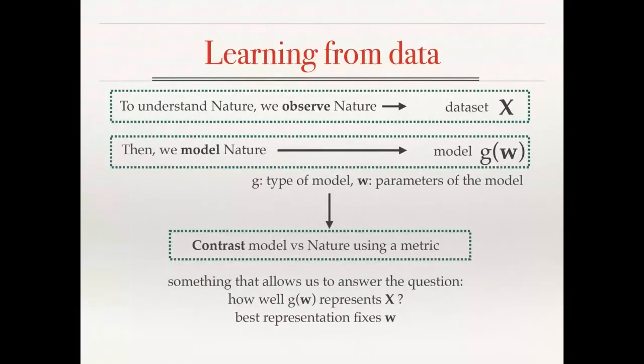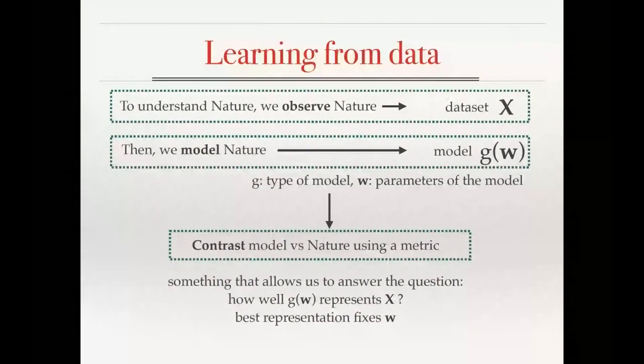Then, based on our observations, we would like to model what nature is doing. So we would like to build a predictive model that tells us that given what we've seen before about nature, if in the future, at any moment, we have some inputs, we are going to be able to predict the behavior of nature.